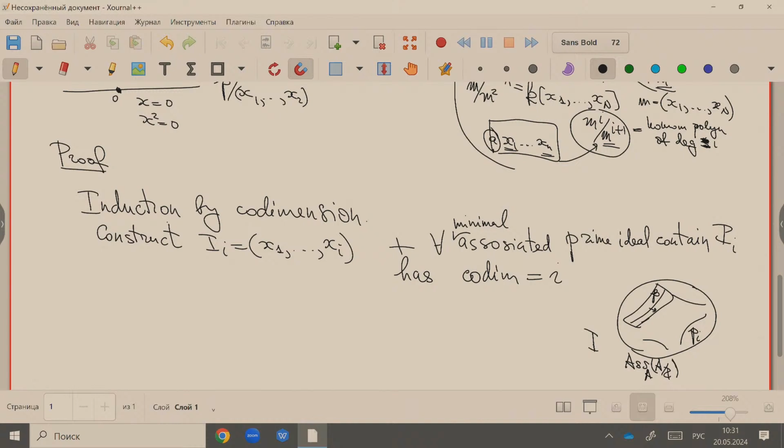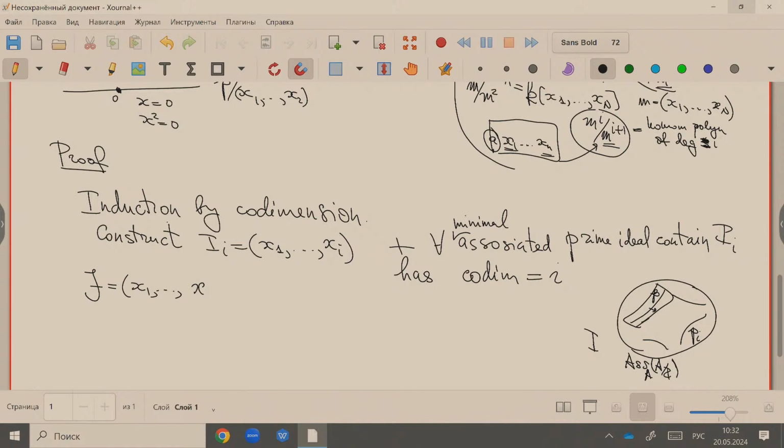Suppose, I shall put the index j for x_1.